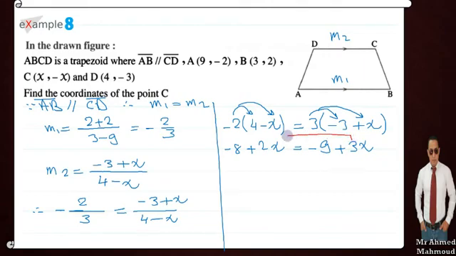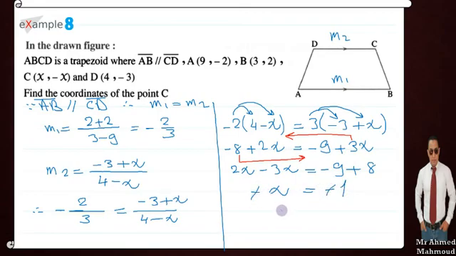I will send 3x to the left side and the negative 8 to the right side. It will be 2x minus 3x equals negative 9 plus 8. 2x minus 3x equals negative x. Negative 9 plus 8 equals negative 1. Negative x equals negative 1, cross the negative, therefore x equals 1.